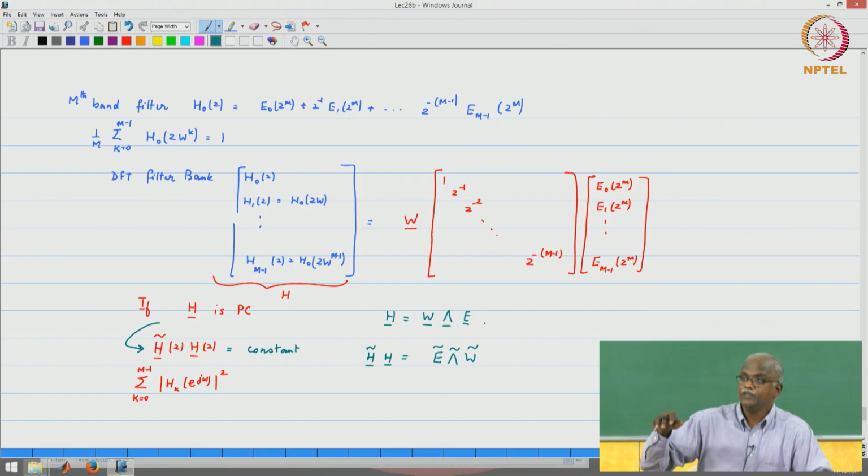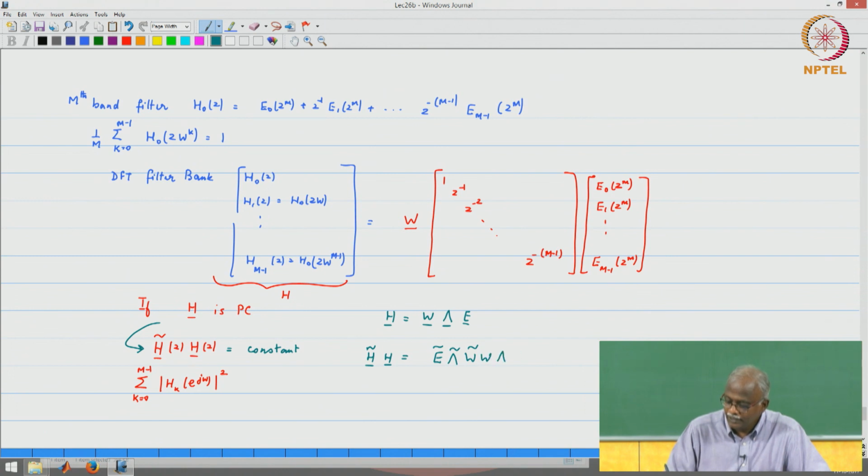But W is only a constant matrix, so there are no powers of z, and it becomes the conjugate times W delta e. Notice that these two will cancel each other, one being powers of z and the other powers of z inverse, leaving you with e tilde e.